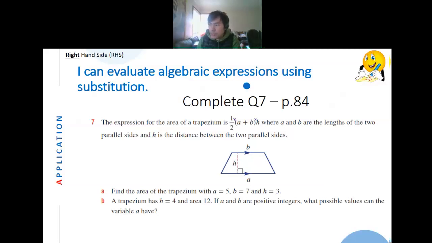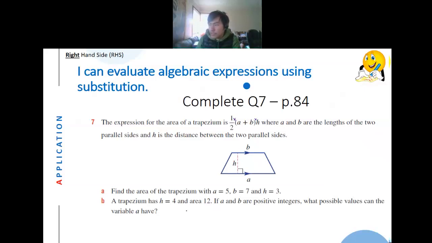Then next, for part B, it says a trapezium has the height of 4, H equals 4, and the area is 12. If A and B are positive integers, what possible values can the variable A have?